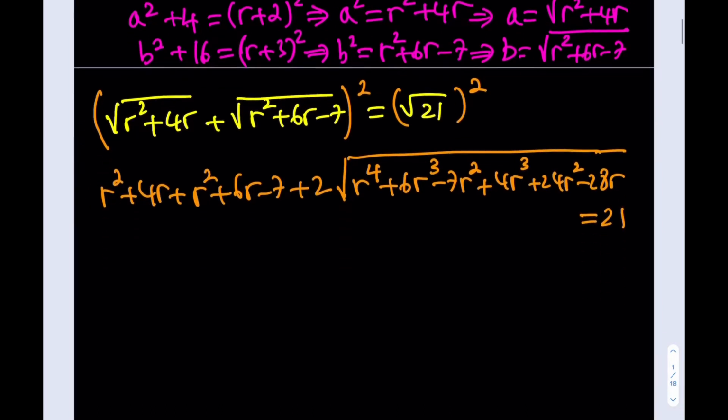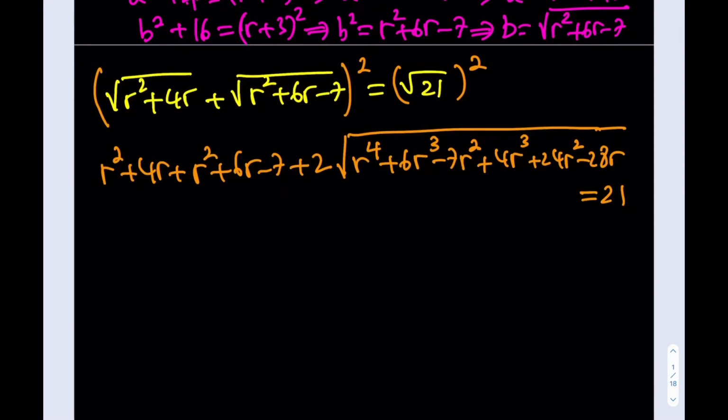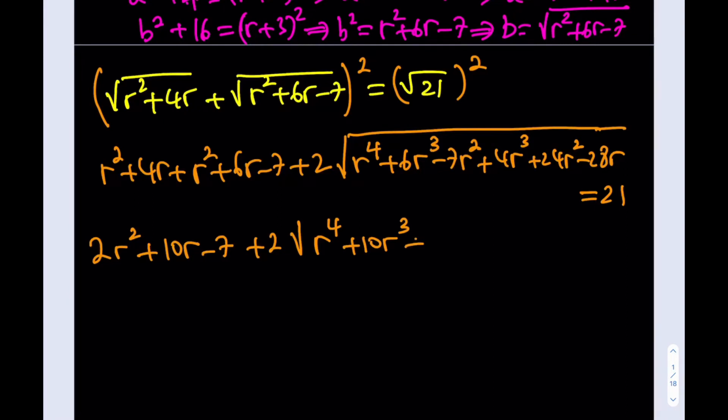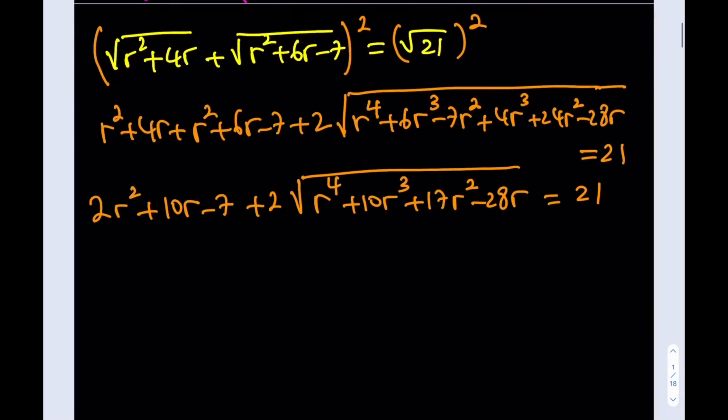Great. Let's simplify this. This gives me 2r squared plus 10r minus 7, plus 2 times the quantity r to the 4th plus 10r cubed, negative 7 plus 24 gives 17r squared, minus 28r. And this sum is equal to 21. Beautiful. Now I would like to subtract this from 21 and isolate the radical term.